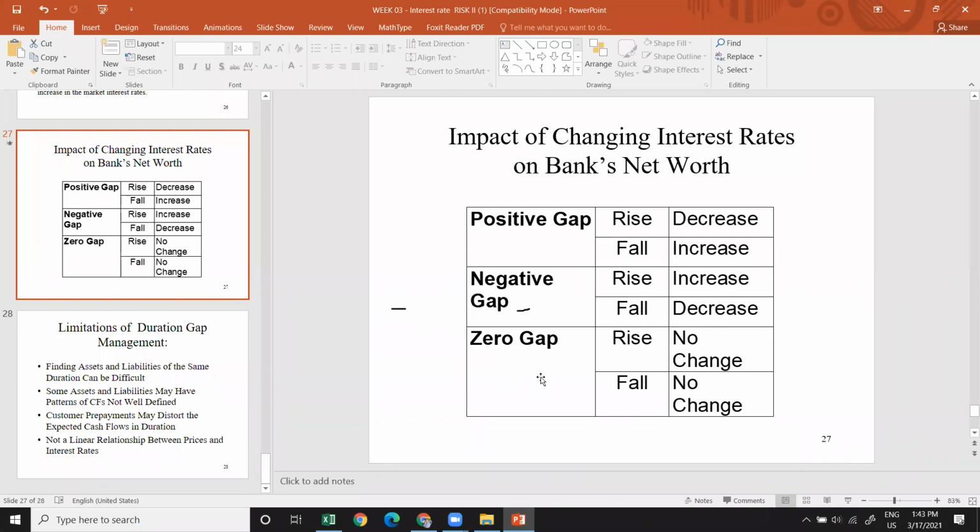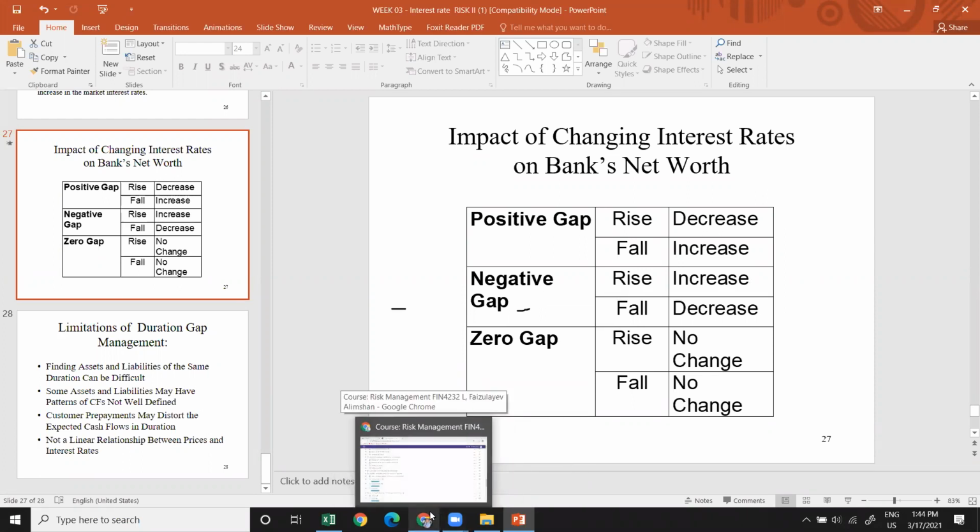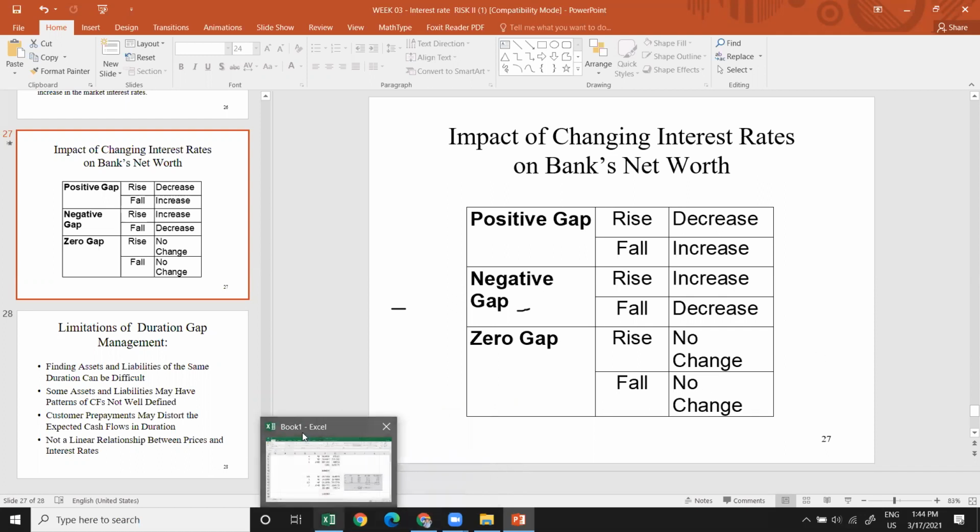And the idea, if you're trying to stabilize your financial institution, is that you immunize it through zero gap management. So you're trying to make the duration of assets and duration of liabilities equal to each other, to close the gap, to make the duration gap equal to zero. At least try to make it. It's not possible in reality, but at least you will try to reduce the impact of changes in the interest rate.